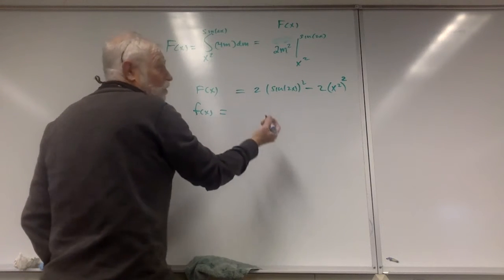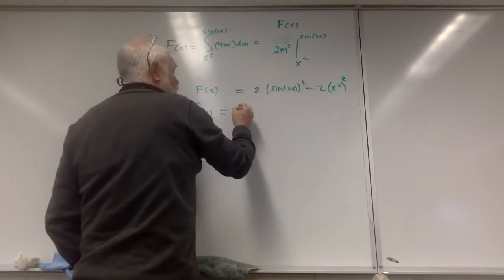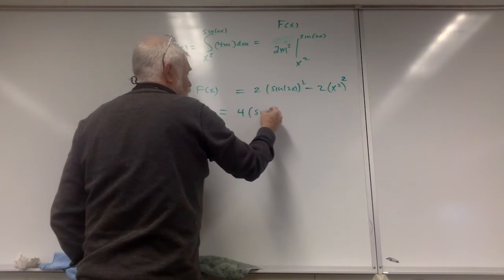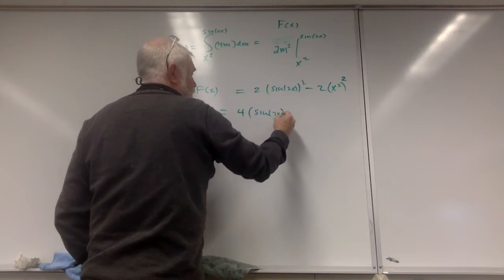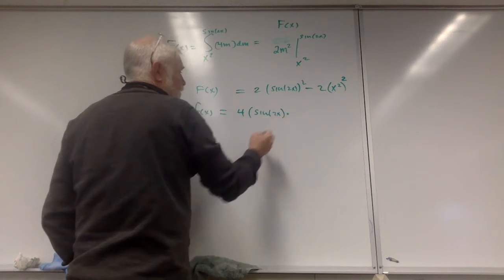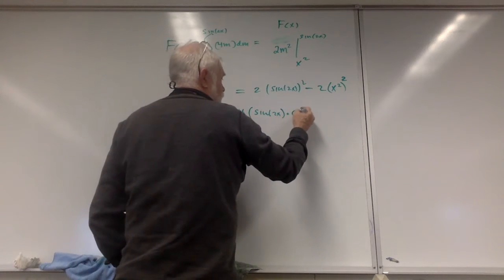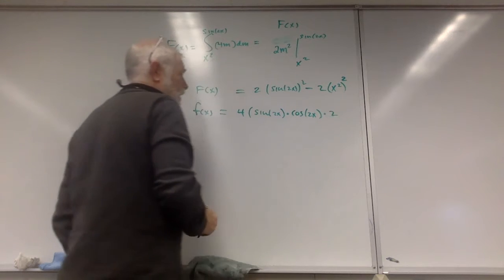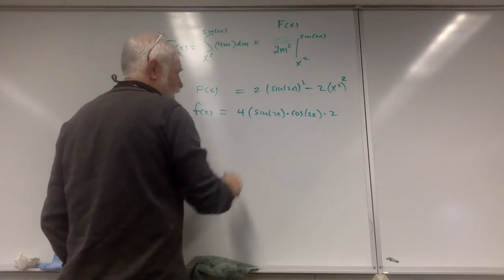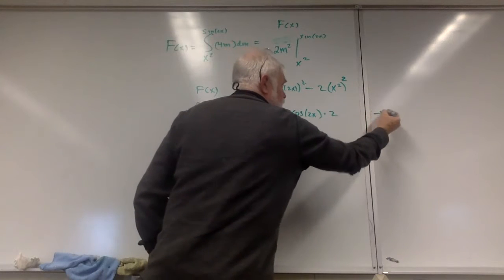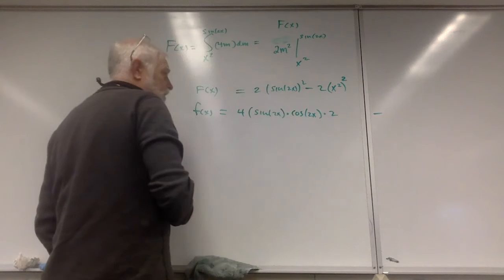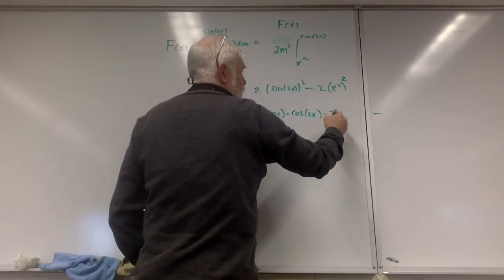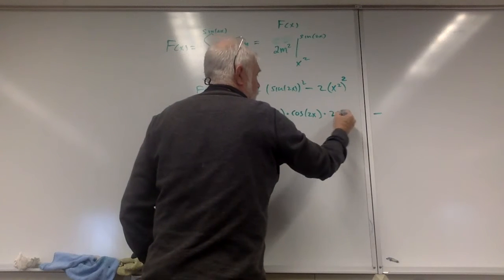Oh, we got to use the chain rule. So we got to do the squaring, which makes that a 4. This drops down to a 1 with respect to where you are on the x-axis, times the derivative of the sine of 2x, which is the cosine of 2x times 2. And now we got to do the same thing on the other side of the partition.